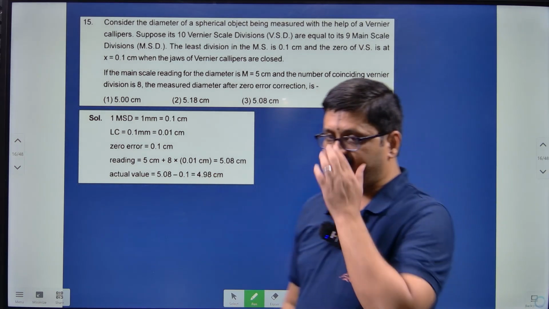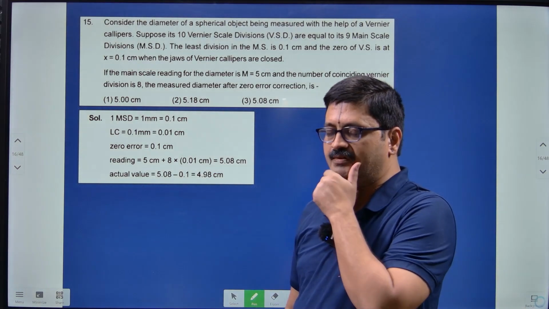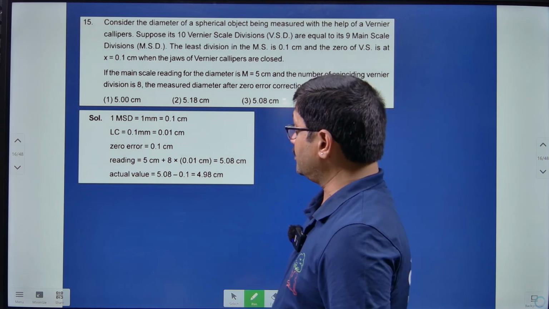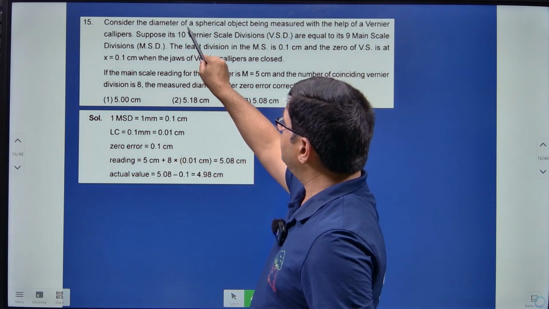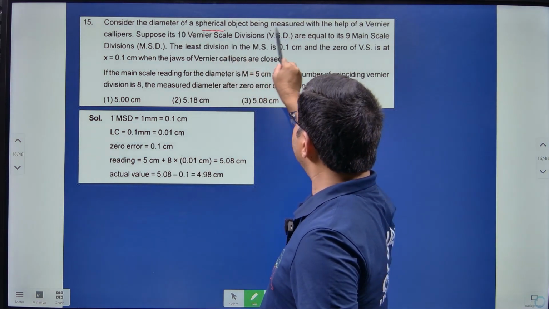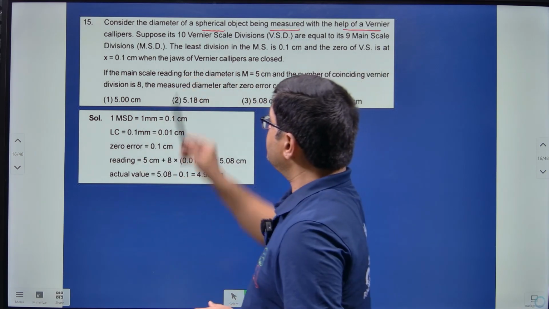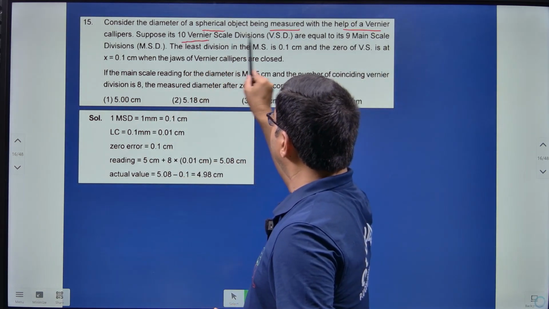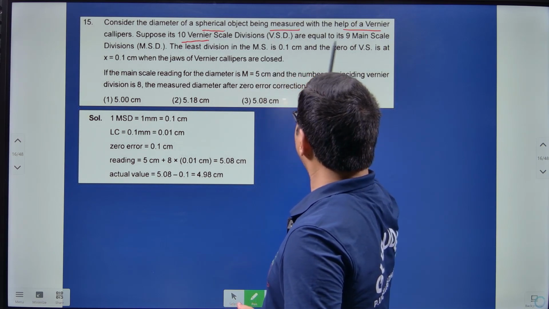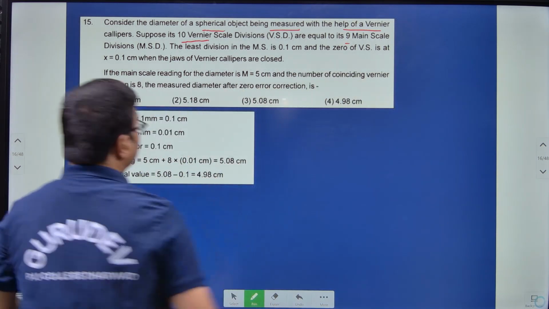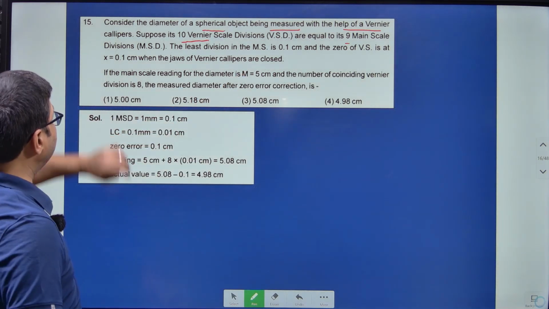Then the 15th question, a very typical variety of question on vernier. Consider the diameter of a spherical object being measured with the help of a vernier calipers. Suppose 10 vernier scale divisions are equal to 9 main scale divisions.